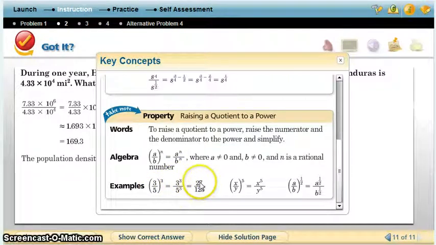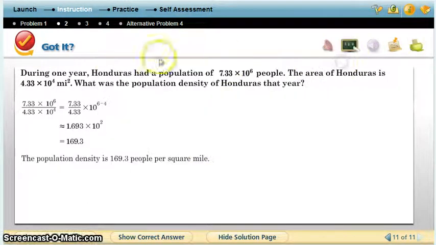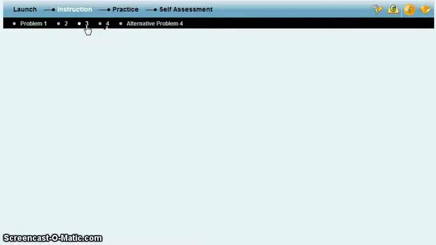And then they went ahead and cubed the 3 and the 5. You can see that here, x and y both got the exponent, and a and b both got the exponent of the half. You're simply distributing the exponent to everything inside the parentheses. So we look at this example here.